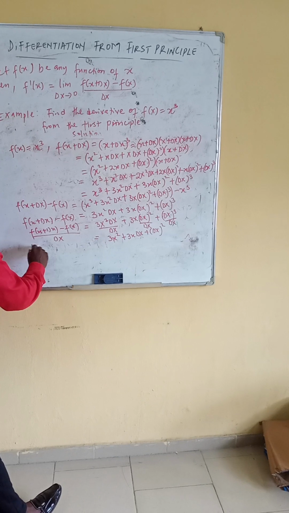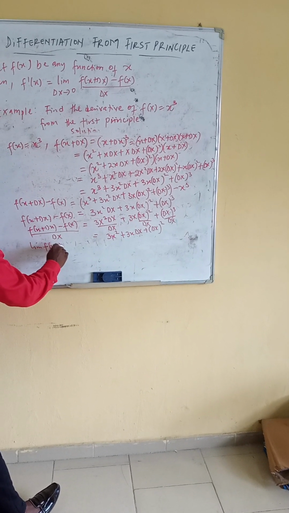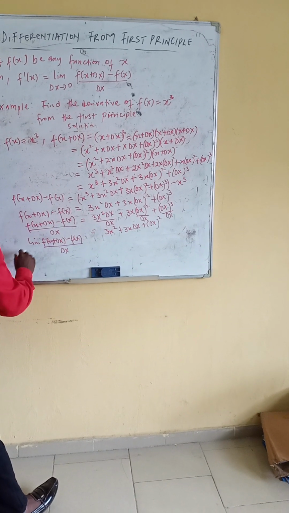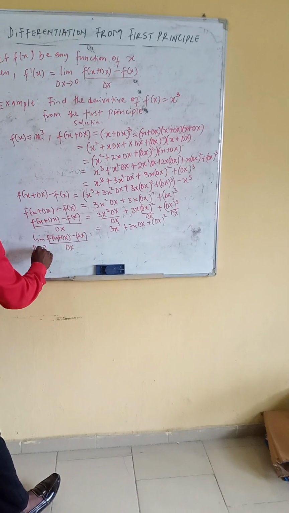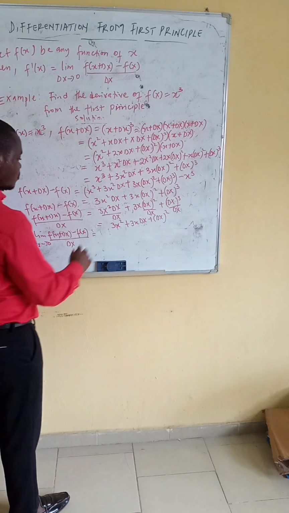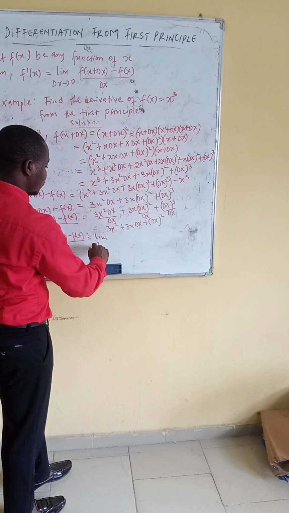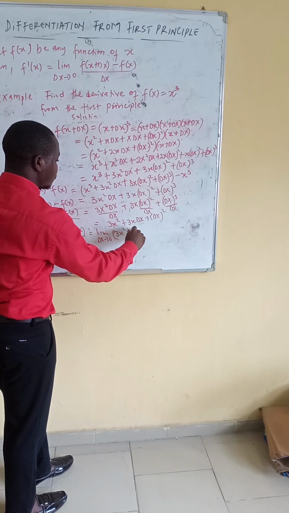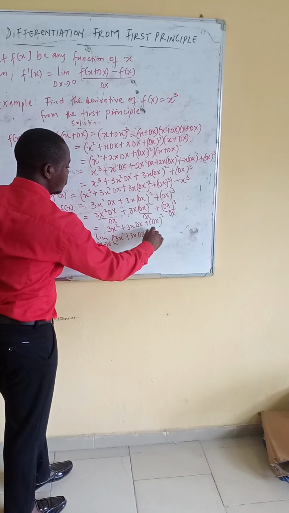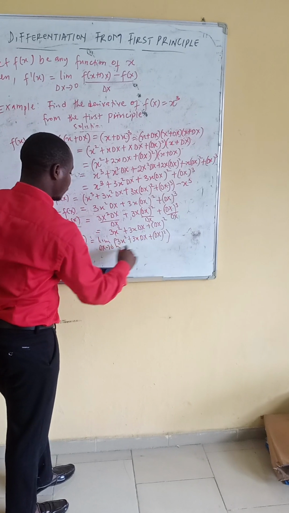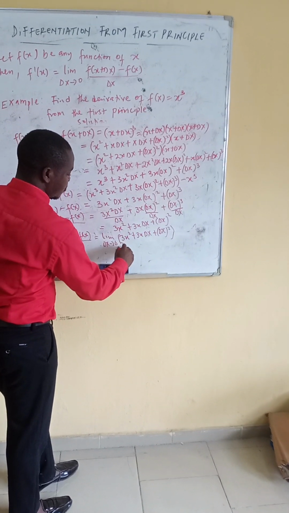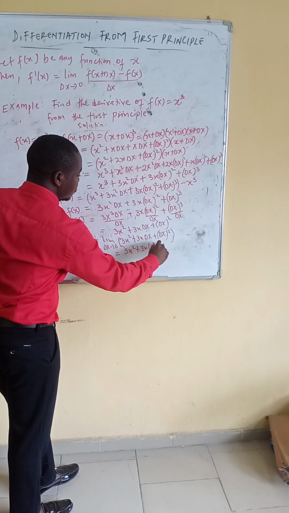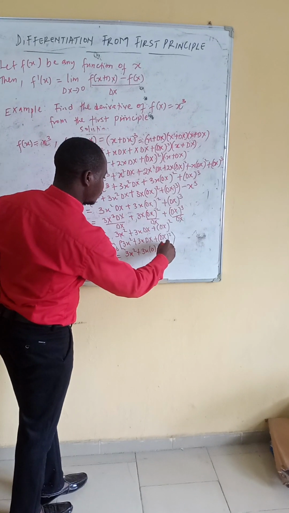Now taking the limit as change in x tends to 0, that will be the limit of 3x squared plus 3x change in x plus change in x all to the power of 2, which is 3x squared plus 3x into 0 plus 0 all to the power of 2.